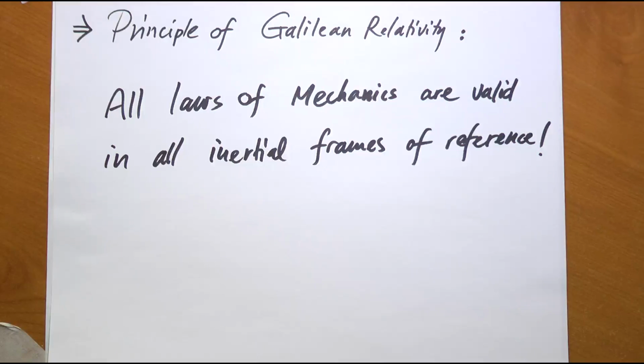You cannot tell at all that you're moving, nor can you tell how fast you're moving relative to the land-based laboratory. In other words, the cruise ship and the land are equally good in terms of applying Newton's second law. Okay, this is an example of Galilean relativity.